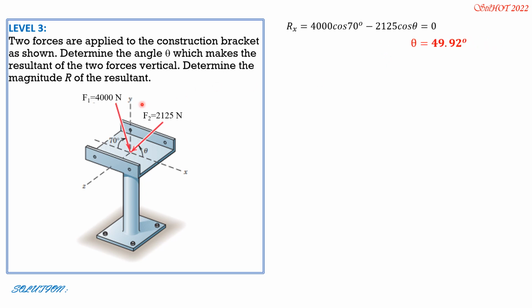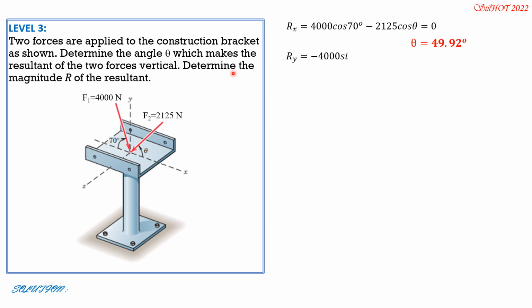Then summation forces y. The y component of 4,000 is negative 4,000 sine 70. Then 2125 sine of theta, negative also, downward, then equate it to Ry, or R, which is negative.